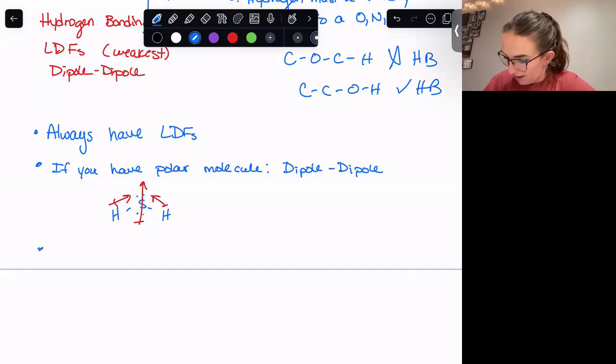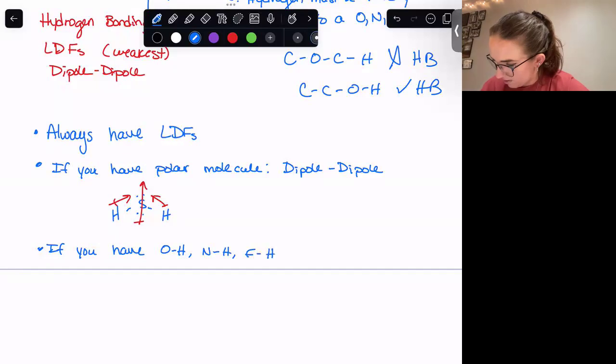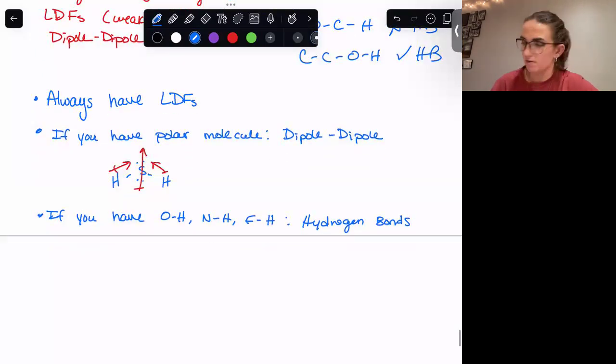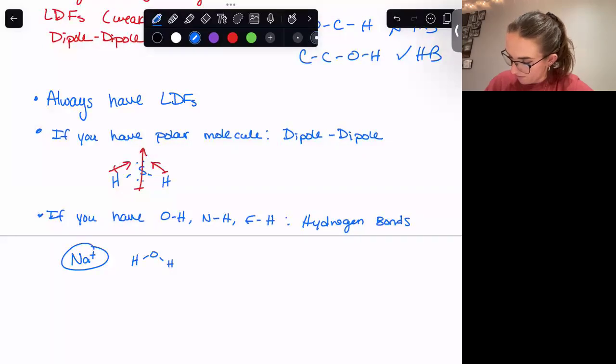And then if you have OH, NH, or FH, then it's hydrogen bonds. If you have anything like sodium plus close to a water molecule, right?